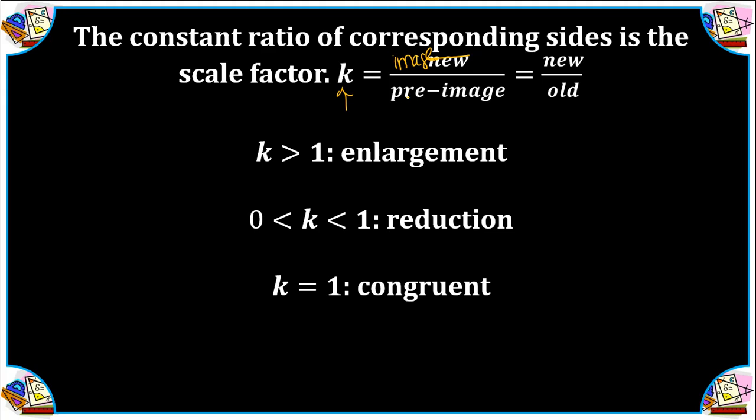So it's the image compared to the pre-image, or we could say the new compared to the old. Now remember, if our K, our scale factor, is more than 1, we have made an enlargement. If our K factor, our multiplier of all sides, is between 0 and 1, we have made a reduction. And if K is simply 1, we have just made a duplicate shape.